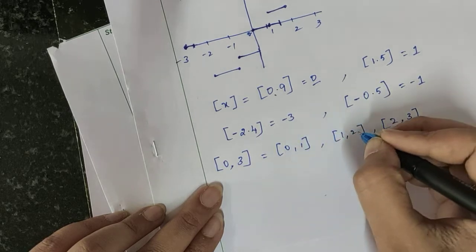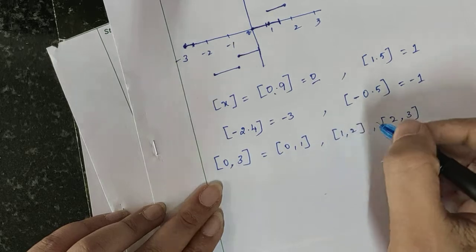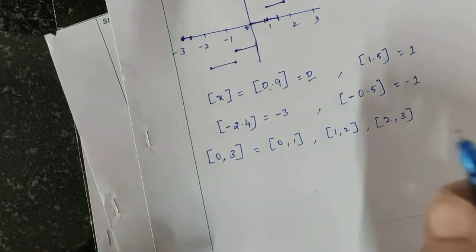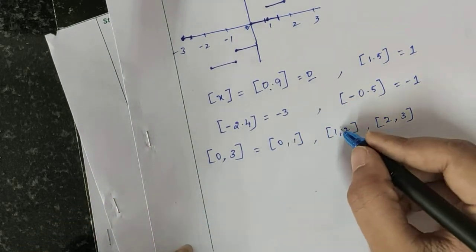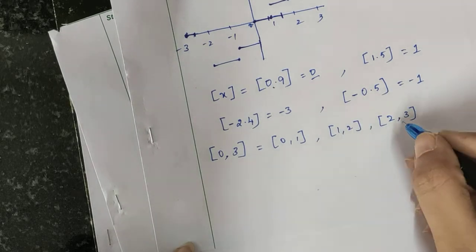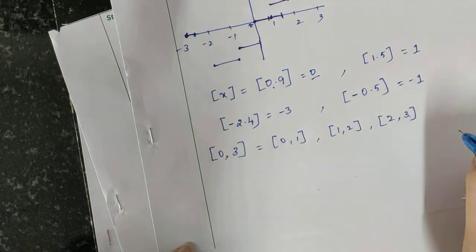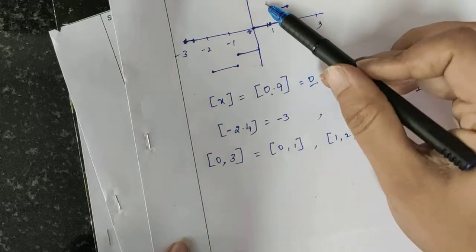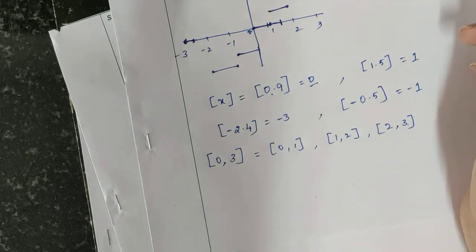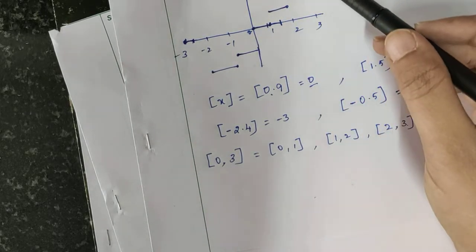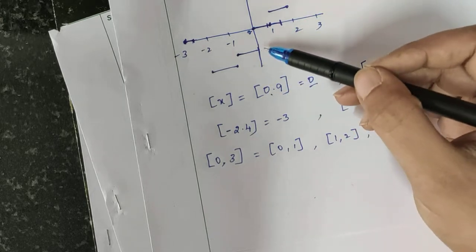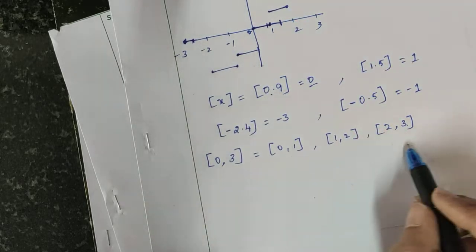From 0 to 1 the nature of the graph will be the same, from 1 to 2 the nature of the graph will be the same, and from 2 to 3 the nature will be the same. If this is a continuous function, then you need not divide your interval. Since the function is not continuous, or you can say that it is a step function, we will divide our intervals.